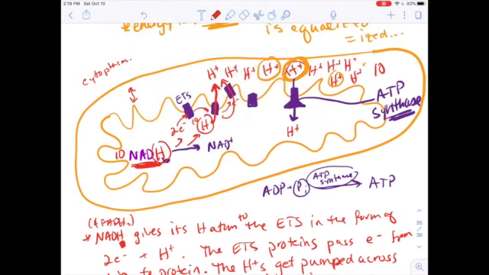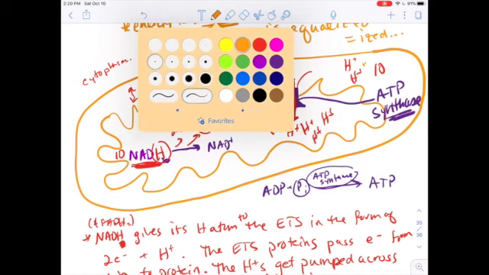The protons osmose back through ATP synthase. In this case, 5 of them will come back through. 1, 2, 3, 4, 5. As they do that, energy is released, and ATP synthase uses that energy.